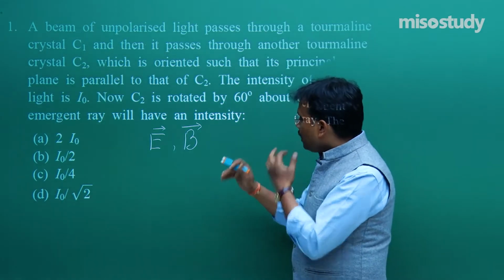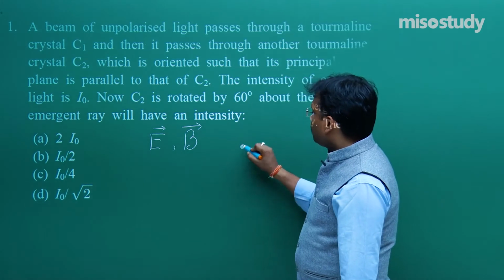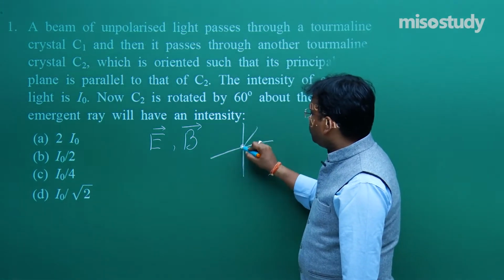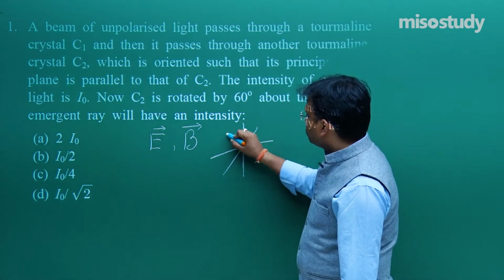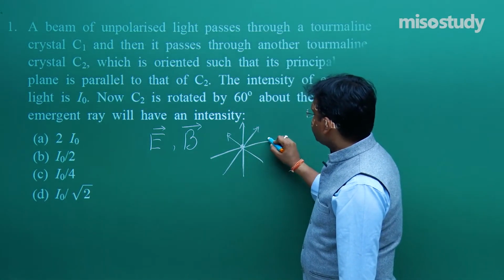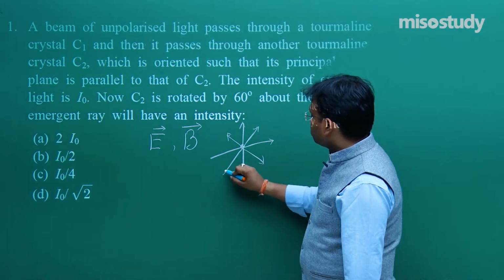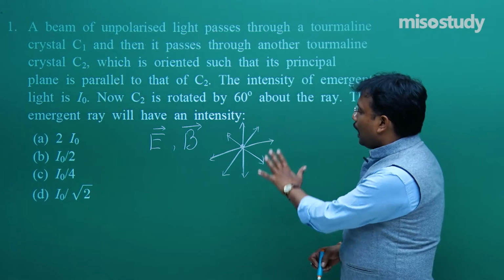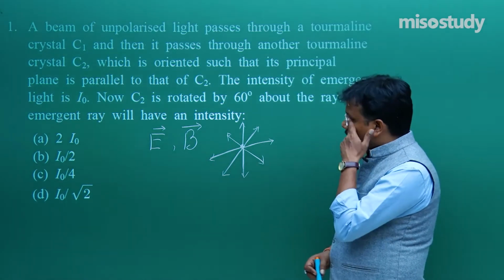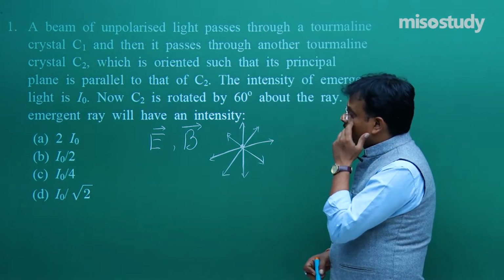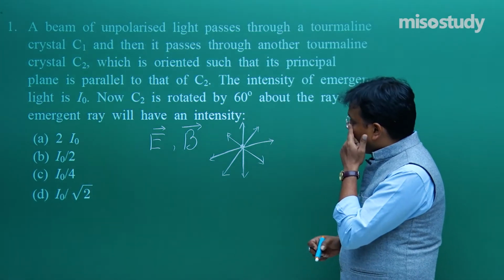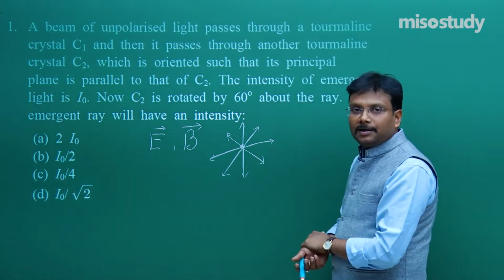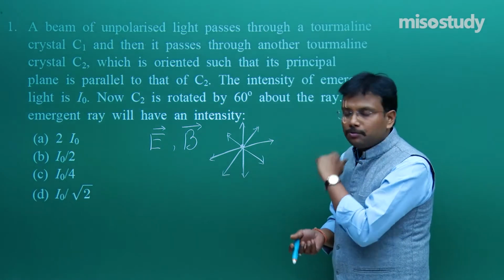So, unpolarized light means the electric vector is oscillating in this fashion, in all possible directions. When we force this light to pass through this tourmaline crystal, what will happen? It will allow only one type of these electric vectors to pass, and the remaining are going to be shut out.